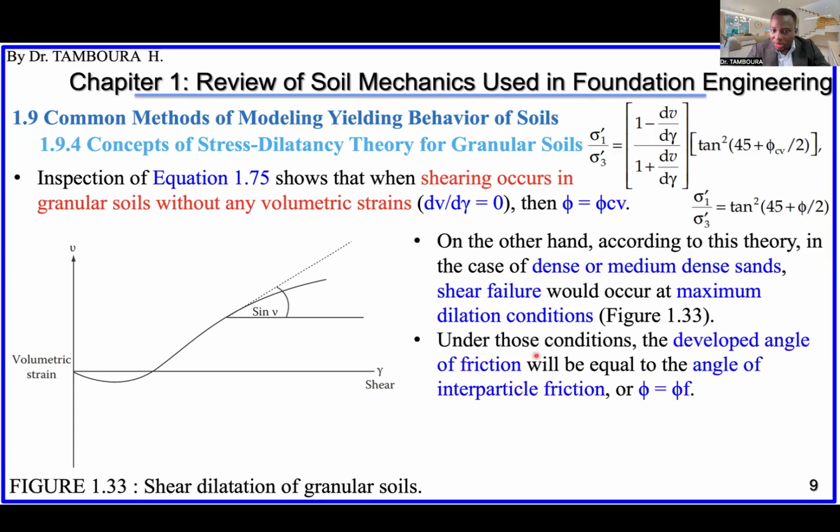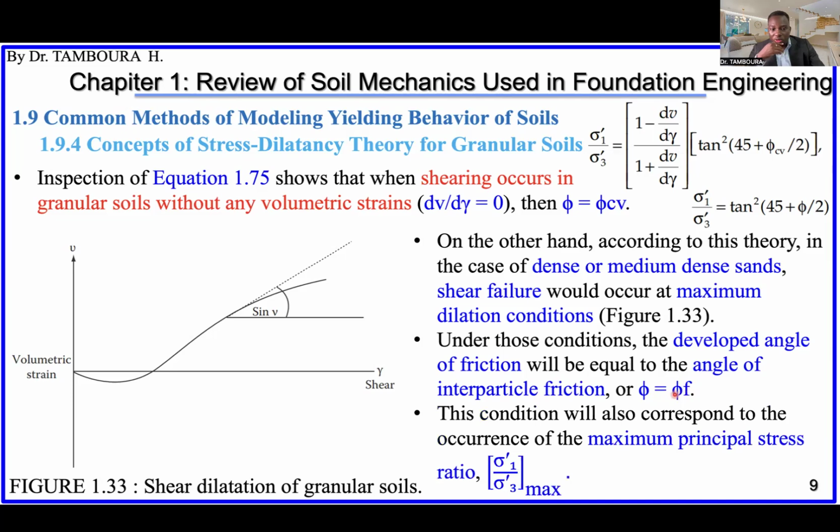So under this condition, the developed angle of friction will be the same as the interparticle friction angle. So in that case, we can replace this one by this one without any problem.